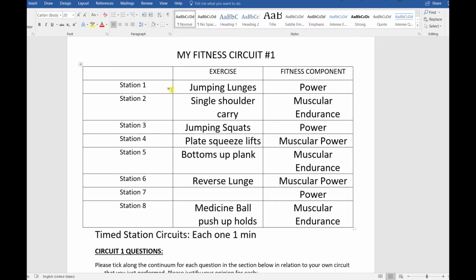So now I've set up all of my exercises, the corresponding fitness components for them, and the timed station circuit is going to be my structure. So in total, for all of the stations, it will only take me 8 minutes. Fantastic, so now I've set up my fitness circuit.